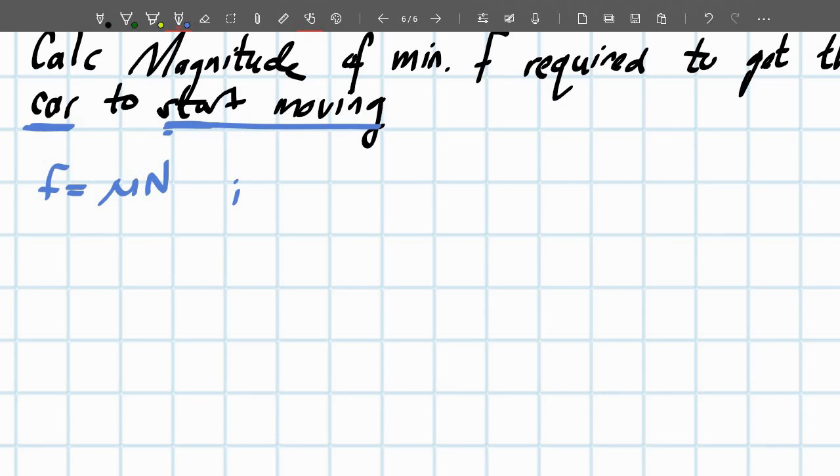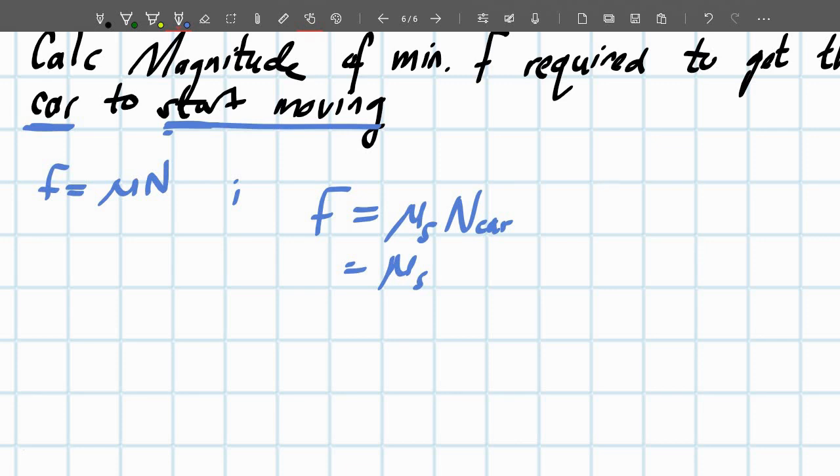That means the maximum static frictional force, and it's the car. So the force required is equal to μ static times the normal of the car.